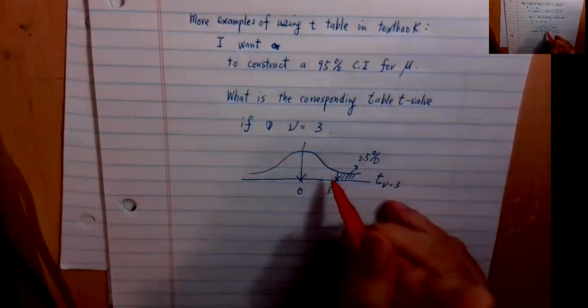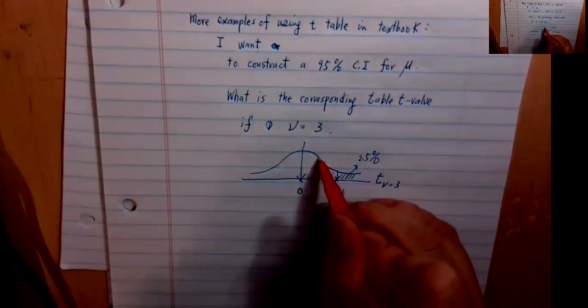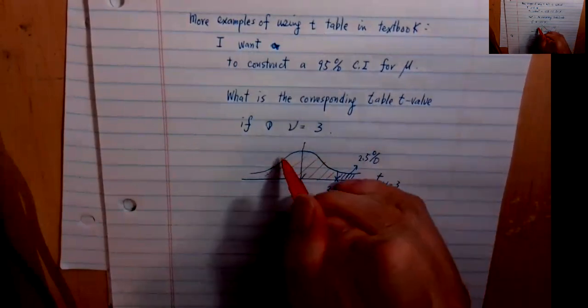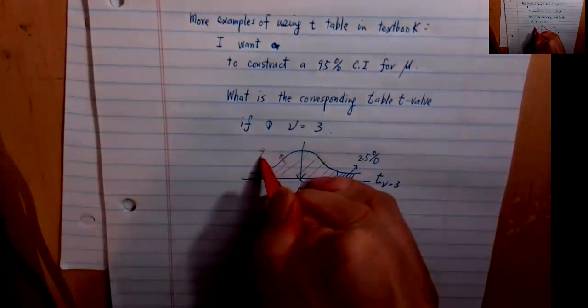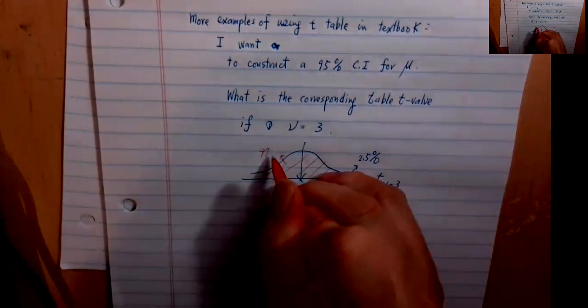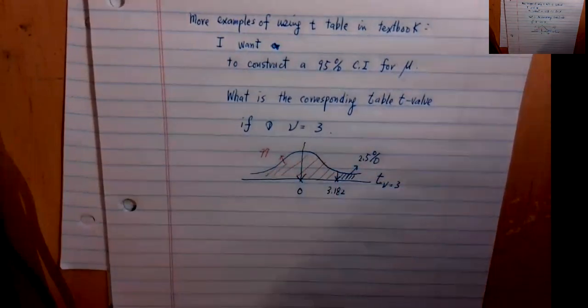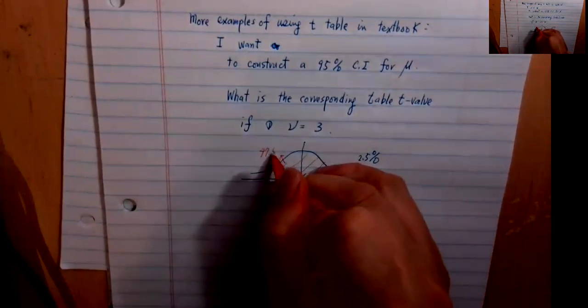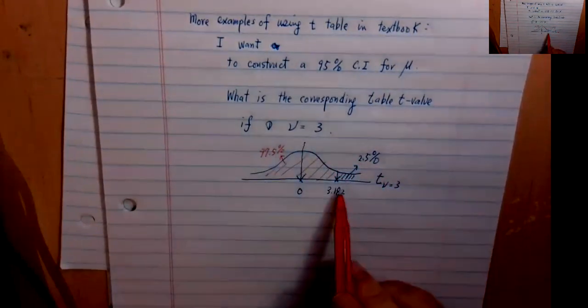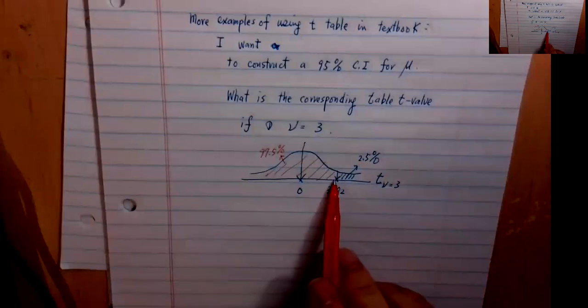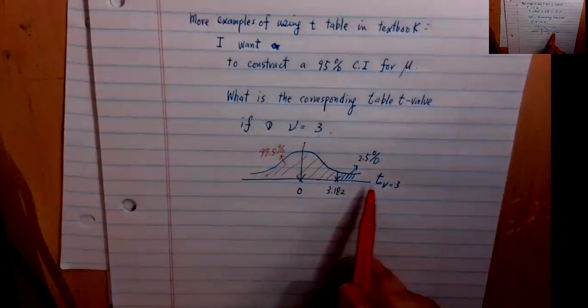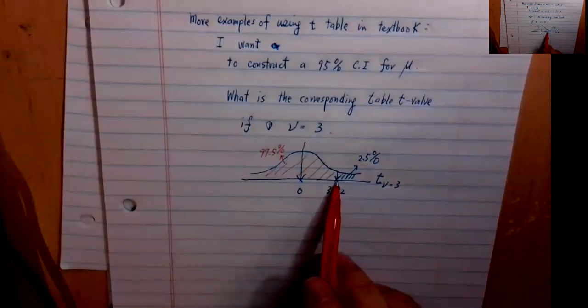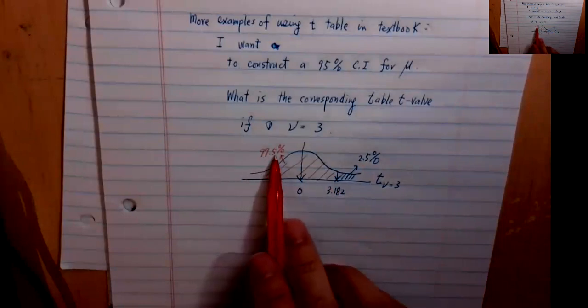That means the other side, this one will be 97.5%. So 3.182, the corresponding right tail 2.5%, the corresponding left tail 97.5%.